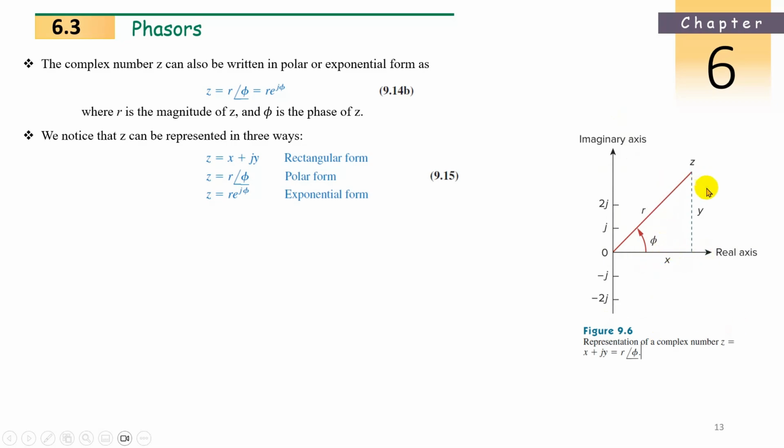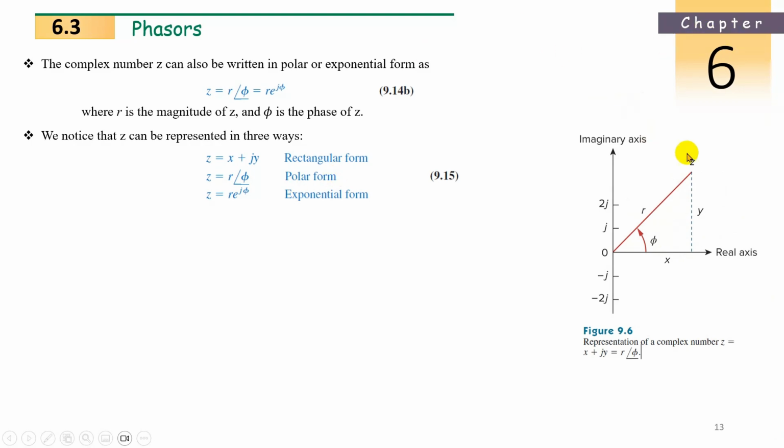If we have x and y, the diagonal is nothing but the resultant r, the square root of x square plus y square. The angle between x and r is phi, and the angle between y and r is also phi. This phi and this phi are the same because it is a right angle triangle.